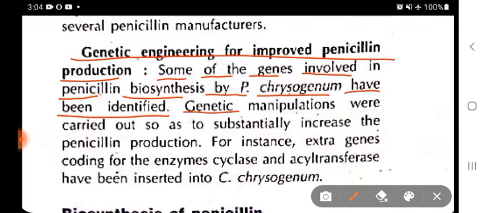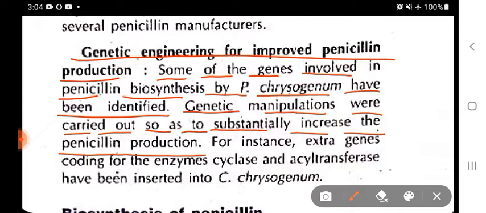Thus, genetic manipulations were carried out so as to substantially increase penicillin production. It just means that scientists have analyzed and sequenced the whole Penicillium chrysogenum genome, and they have identified what the genes are.